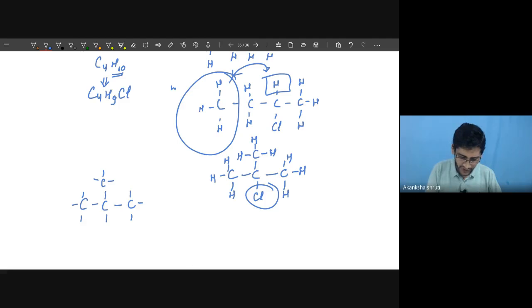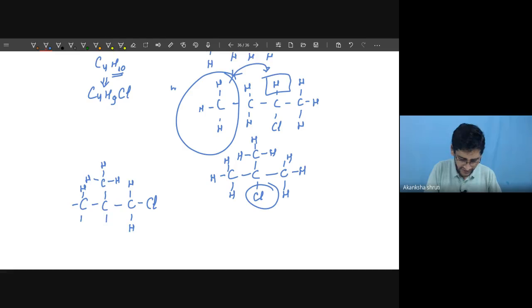So let me put the chlorine. Whether you put the chlorine here or in place of here, whether you put it here or here, all mean the same thing. But not here. So let us put the chlorine at one of the terminals, any position. Let us keep this chlorine here and fill all the other valencies with hydrogen.